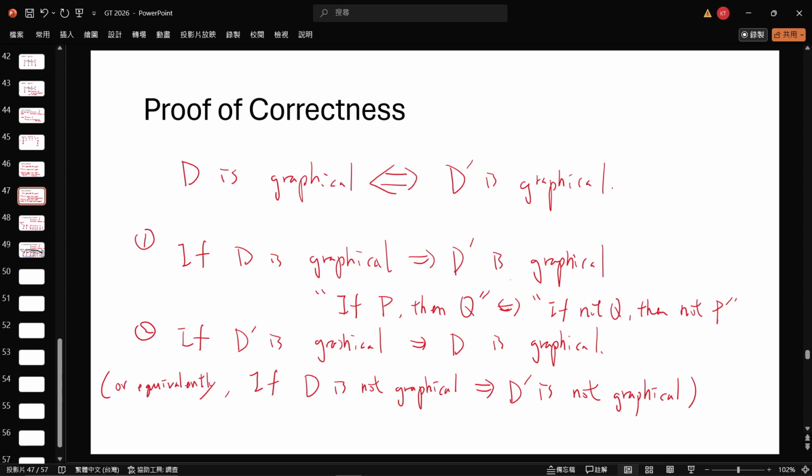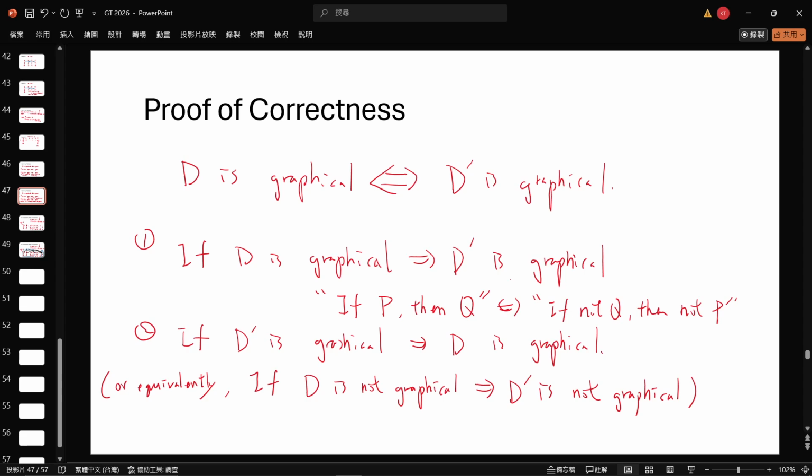So I think this relates to the fact that if the algorithm produces a graph, then the graph must realize the original degree sequence, okay? It cannot be the case that we create some weird graph which cannot realize the original degree sequence. It's impossible, okay?